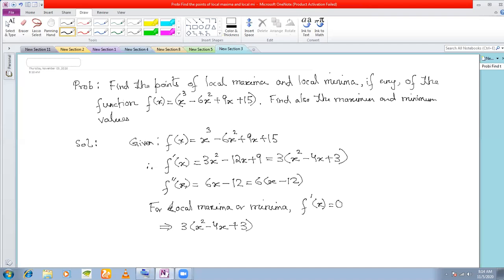Always. First derivative equal to 0. Okay, always. For local maxima or minima, always first derivative is equal to 0. Understood? Okay, sir.